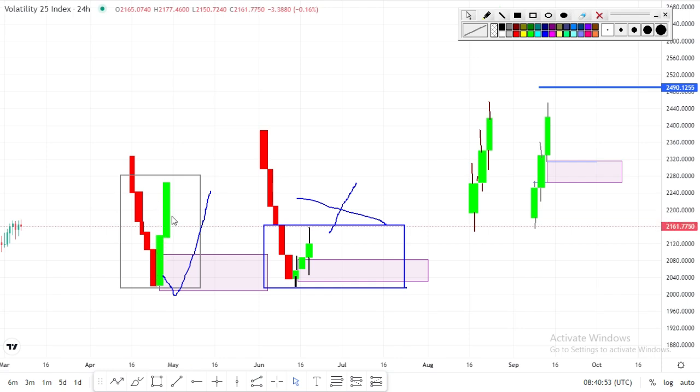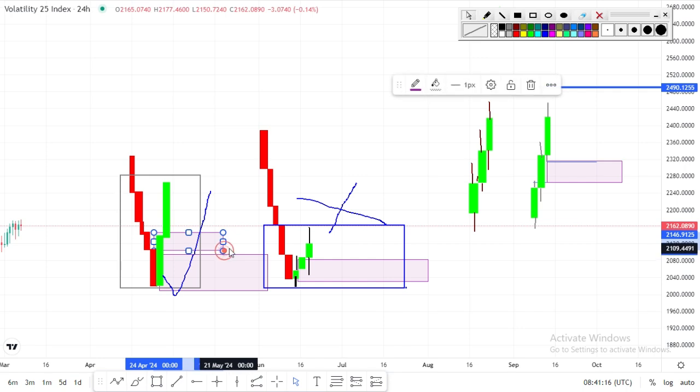If we want to mark out the market gap here, and there is no wick in this candle, you know that there is a gap right here, because this is the lowest point of this candle and this is the highest point of this one. The last bearish candle and the second bullish candle are not connecting. So there is a gap between the last bullish candle and the last bearish candle.